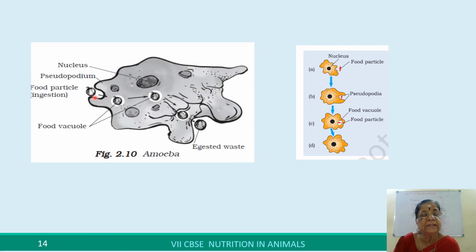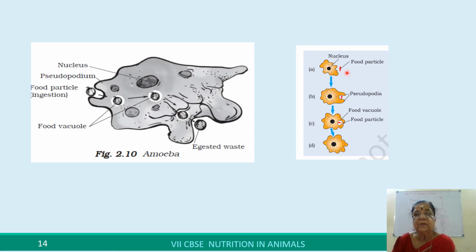It engulfs the food that is taken, that is ingestion, and then it enters the body and forms a food vacuole. In this food vacuole the food is digested, and then the undigested food material is sent out. I hope you understand. This is very simple.